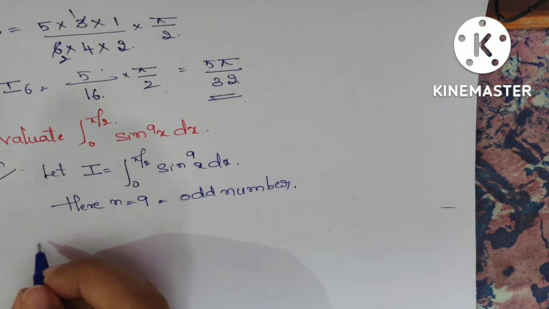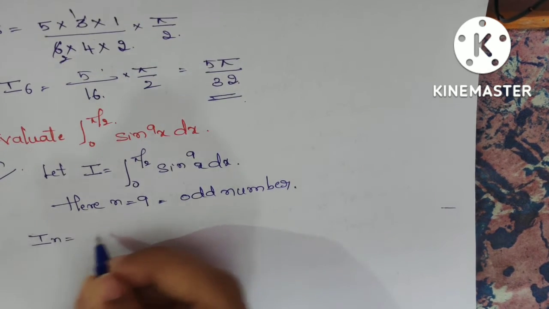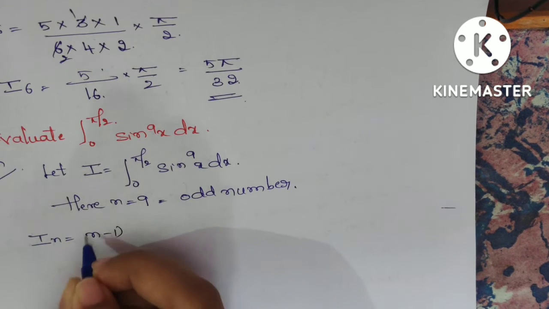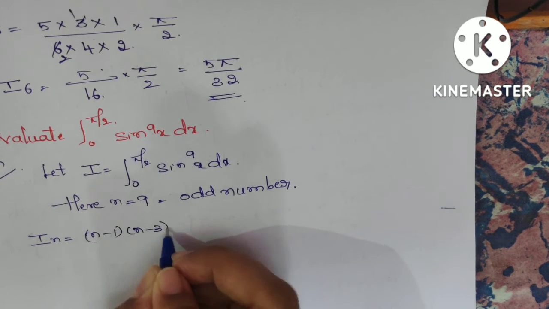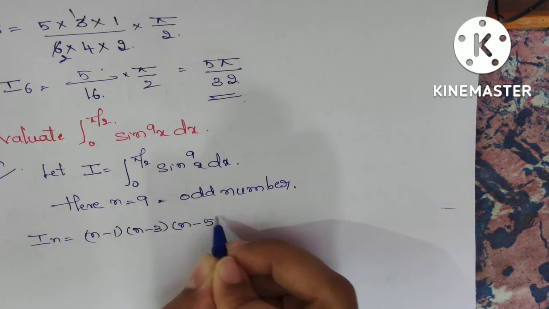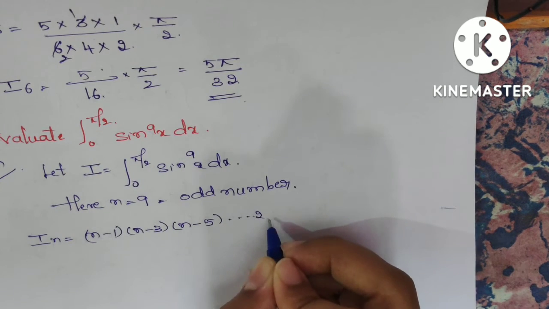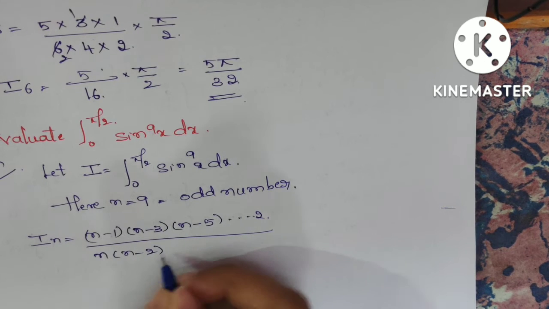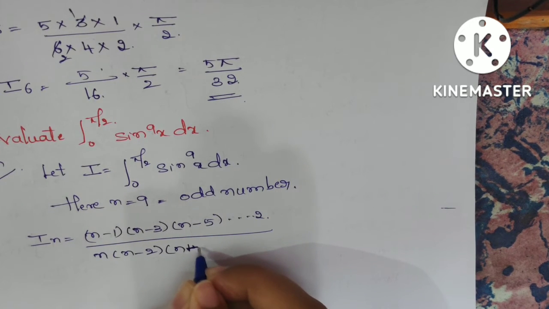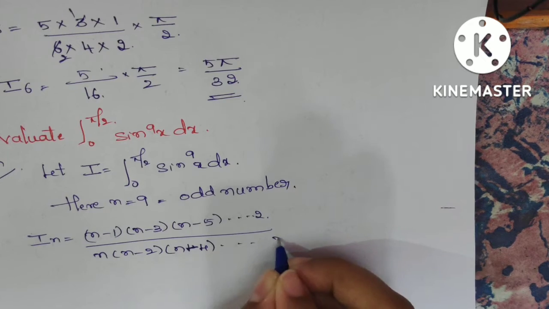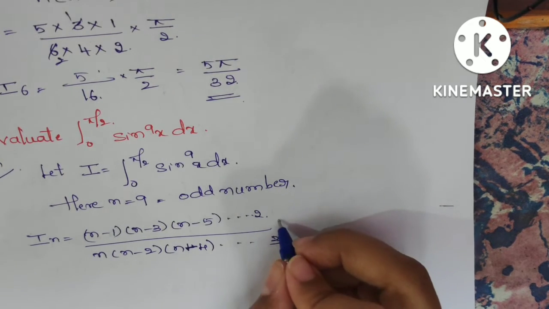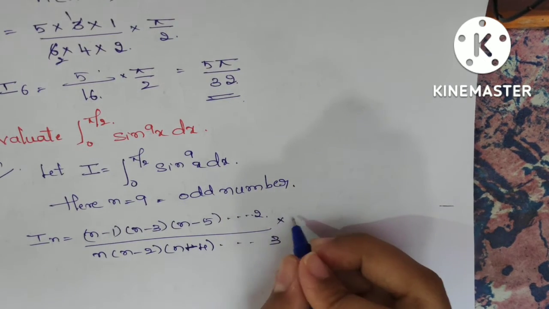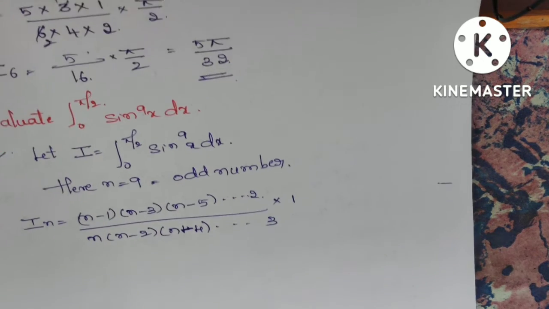So formula for this is In equals n minus 1, n minus 3, n minus 5 and so on, 2 divided by n into n minus 2, n minus 4 and so on, 3 into, whenever it is an odd number we have to multiply by 1.